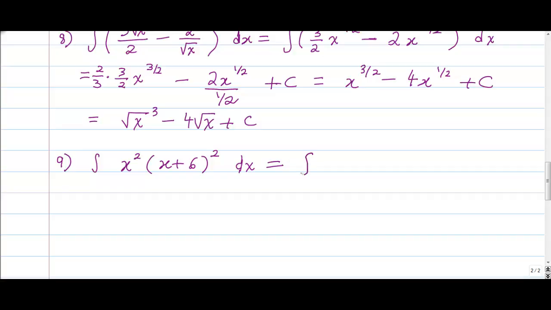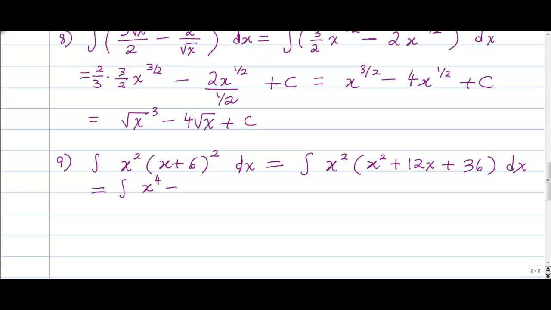So the only way to deal with this problem is to FOIL it out and distribute. So x plus 6 squared gives me x squared plus 12x plus 36. And then I have to multiply everything by x squared. Now notice how I'm rewriting the integral sign because I have not taken the integral yet. I'm just simplifying.